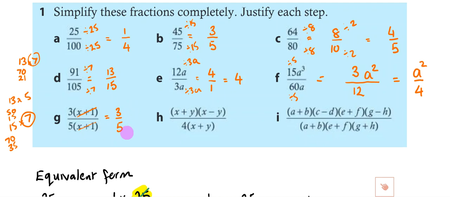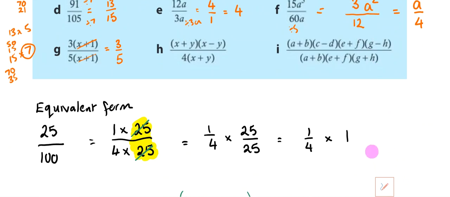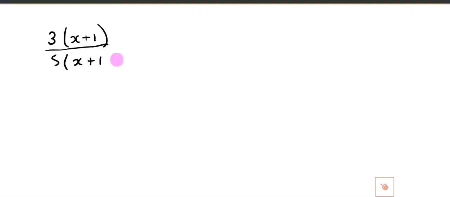If you got stuck, would you be able to, in a test, just set a value for x? Let's just have a look at what you're saying. So we've got 3 lots of x plus 1 over 5 lots of x plus 1.